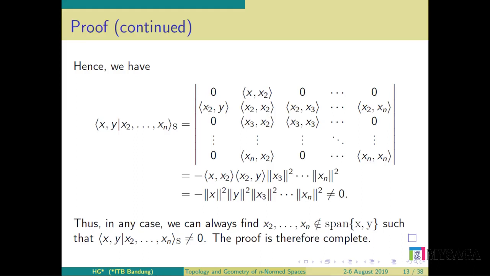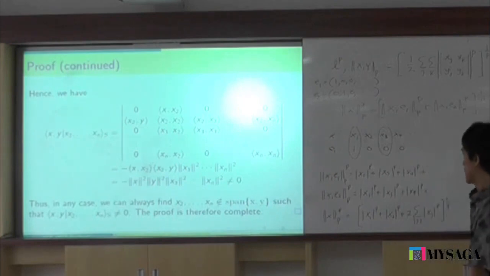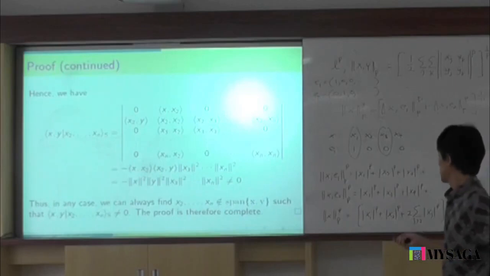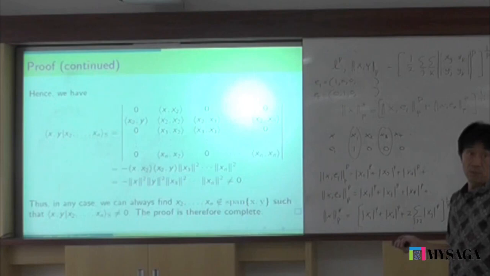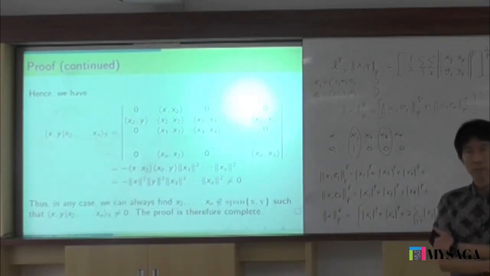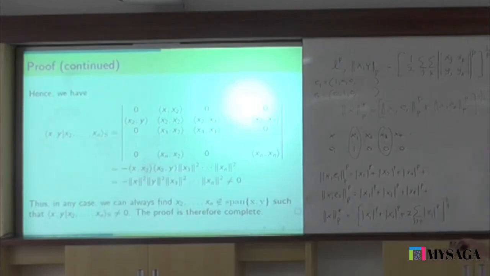So we get what we want. Thus, in any case, we can always find vectors x2 up to xn, not in the span of x and y, such that this is not zero. We are done. So the condition imposed by Choi and Kim is too strong, and they didn't realize that.